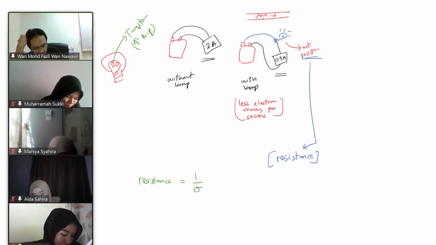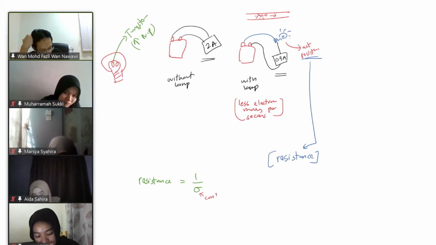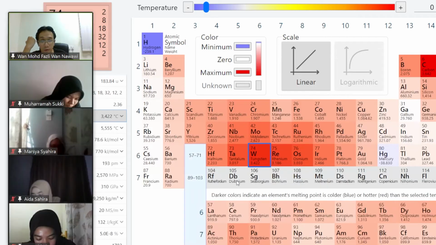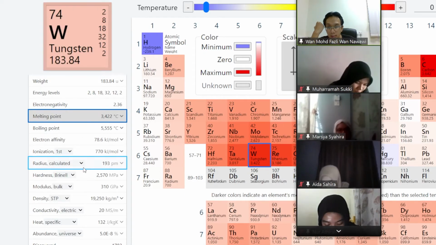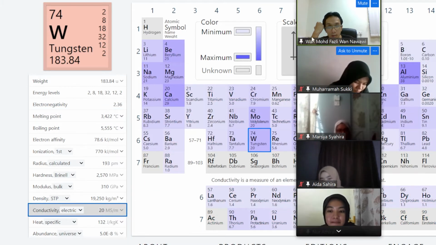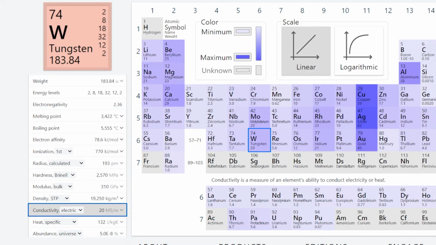So this is the symbol of conductivity. We learned in the last class, when you see the periodic table, you can see there is electric conductivity. So you can see certain materials can conduct electricity well. So resistance is just the inverse of conductivity.